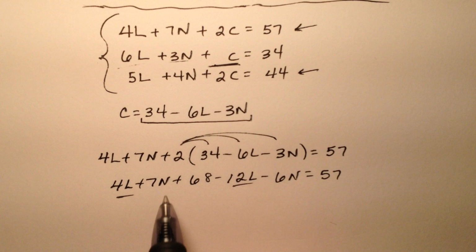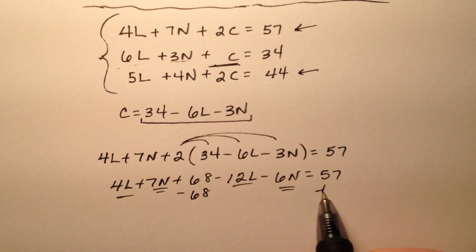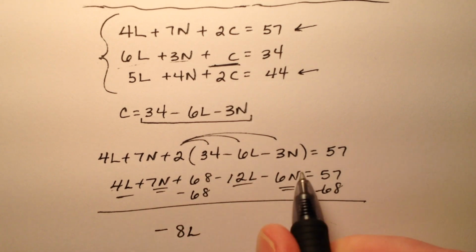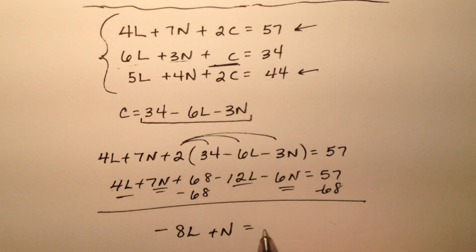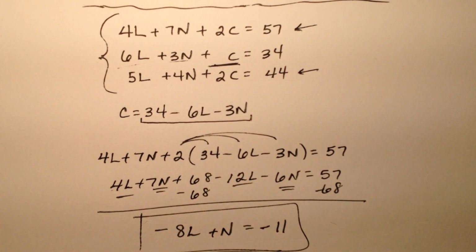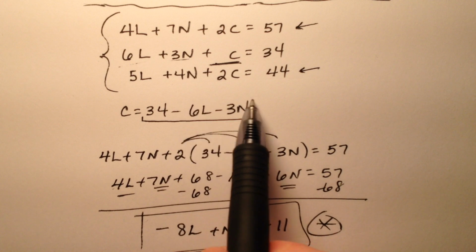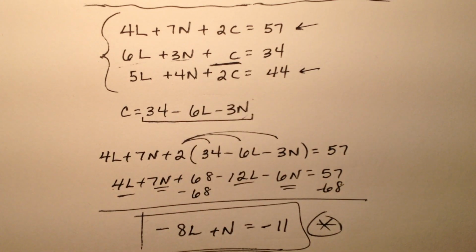I can combine my L's and my N's, and then I'll subtract 68 from both sides. And ultimately here it looks like I'll have negative 8L, and then 7 plus 1N equals, and 57 minus 68 looks like negative 11. All right, so here is one important equation. And I got this equation by plugging in my C expression from the second equation into the first equation.